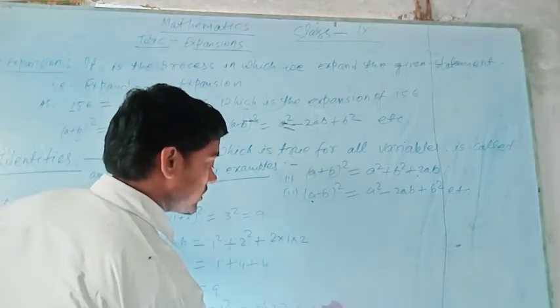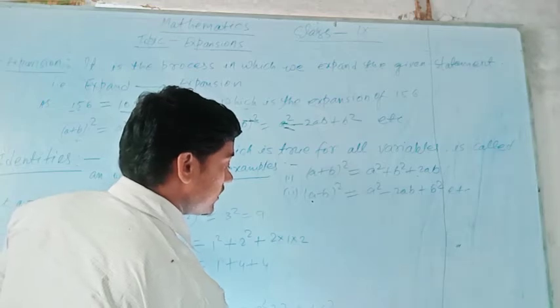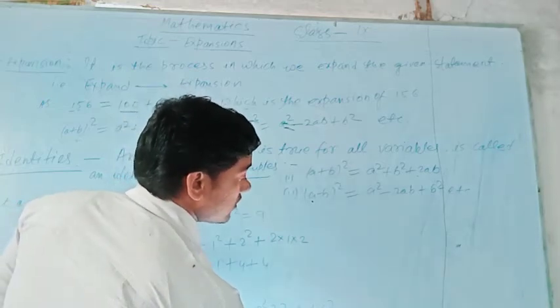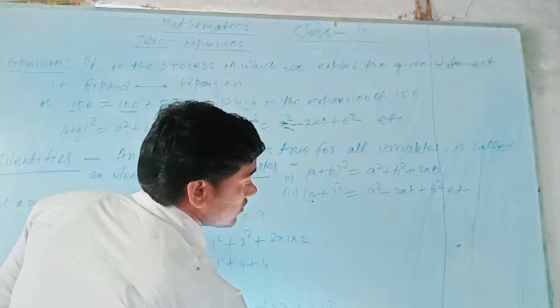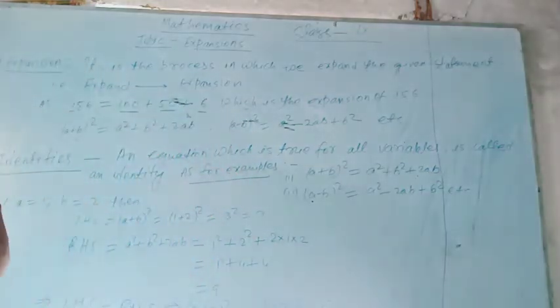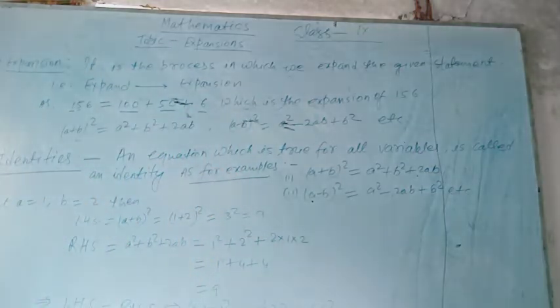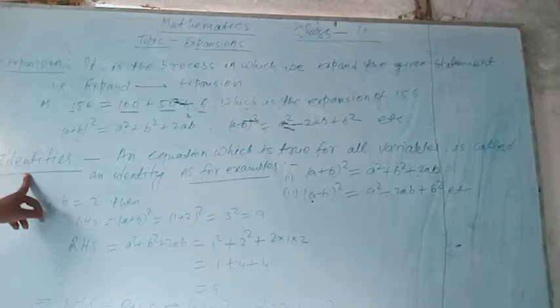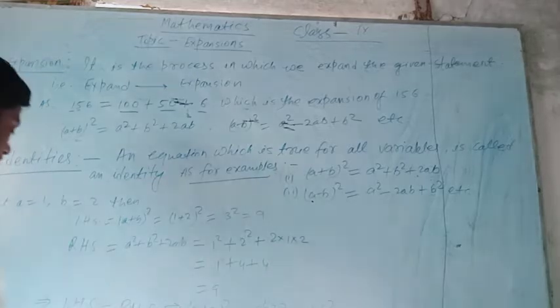So I hope all of you have understood what is identity. An equation which is true for all variables is called an identity.